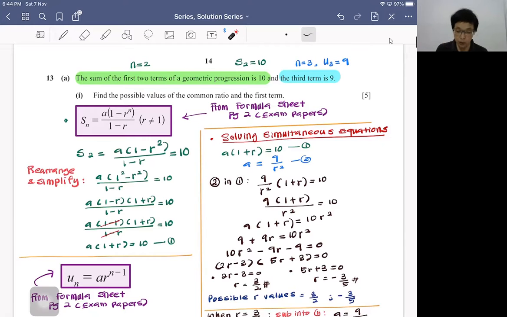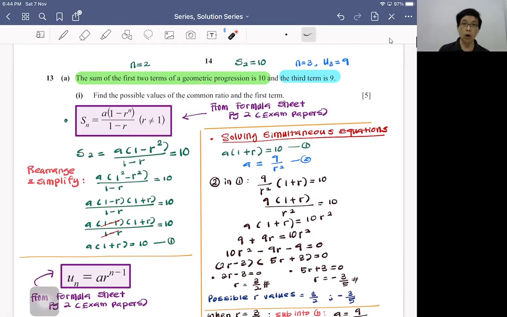As we have noted here, I've presented the two statements in two respective colors. The green statement tells us the sum of the first two terms, and they also mention geometric progression.